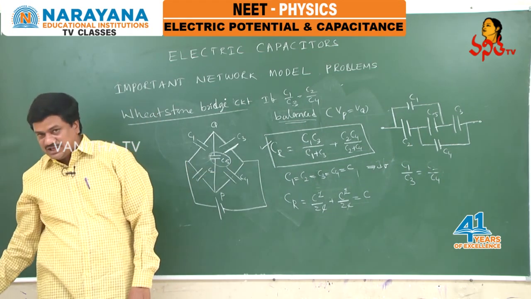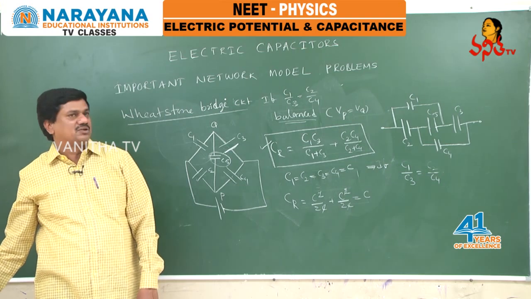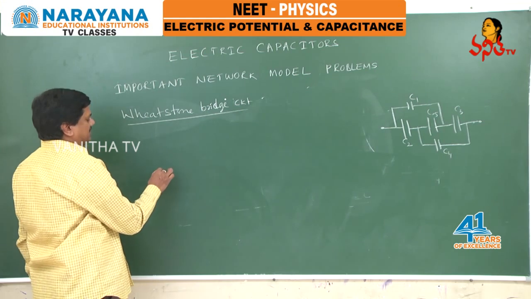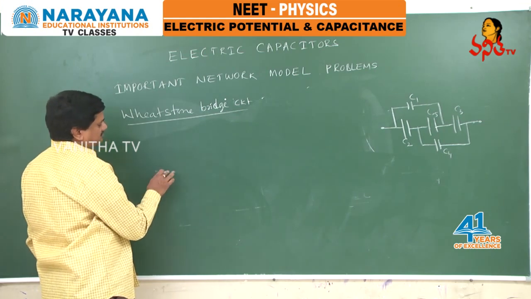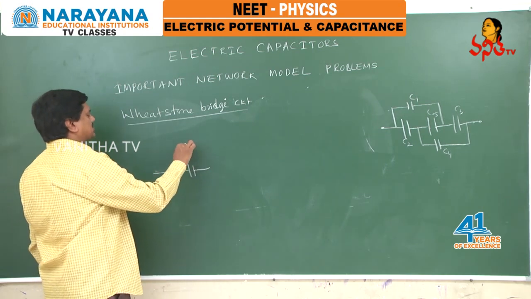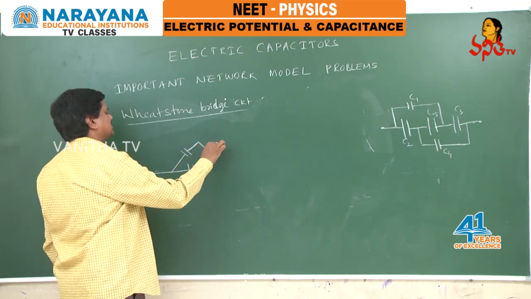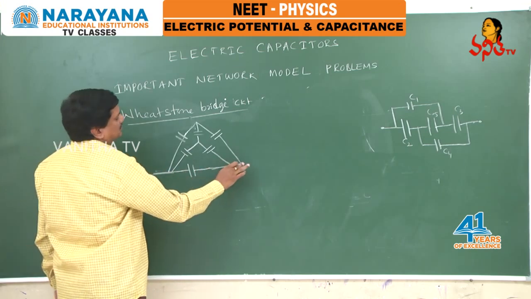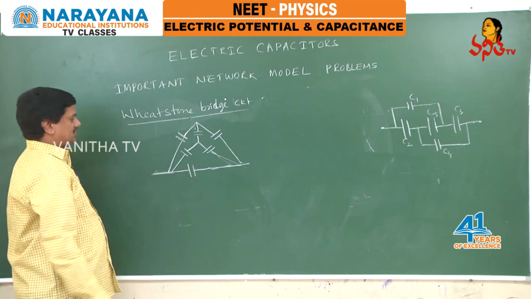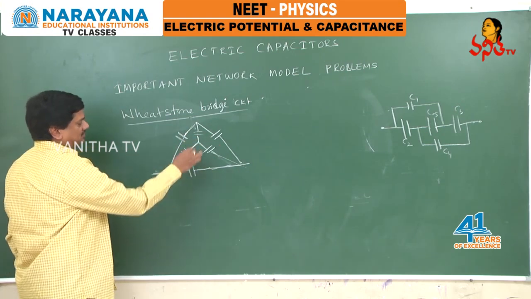Now, what are the applications of the Wheatstone bridge circuit in different situations? Sometimes questions based on the Wheatstone bridge may be like this. This is one capacitor, one more capacitor, a number of capacitors connected like this. Even this is an application of the Wheatstone bridge circuit. If all are identical, see the diagram now.